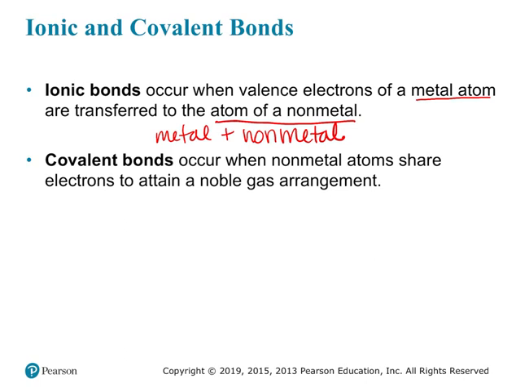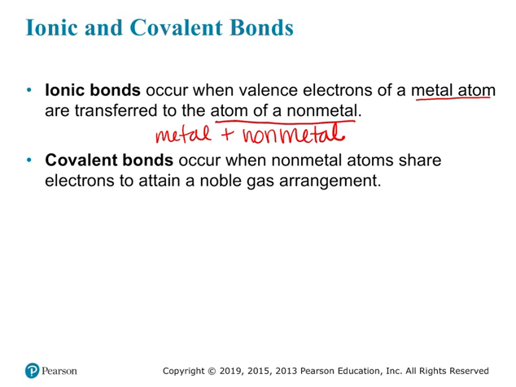Also, remember that the majority of elements are metals, and only that upper right-hand corner of the periodic table consists of nonmetals. So there are very few nonmetals. All right, and then covalent bonds occur when nonmetal atoms share electrons to attain a noble gas arrangement.